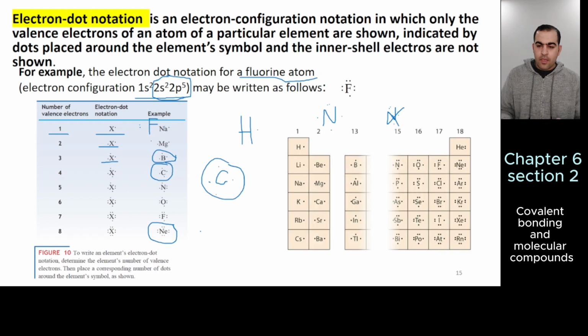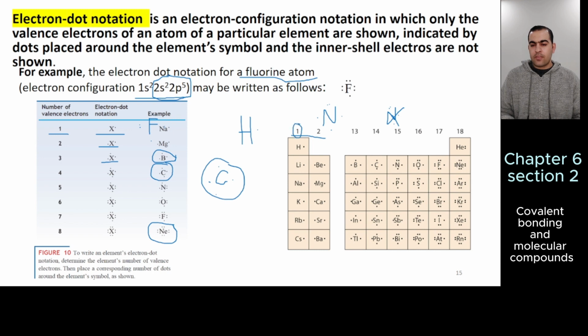For main group elements, group 1 has 1 valence electron. Group 2 has 2 valence electrons, 2 dots placed around the symbol.